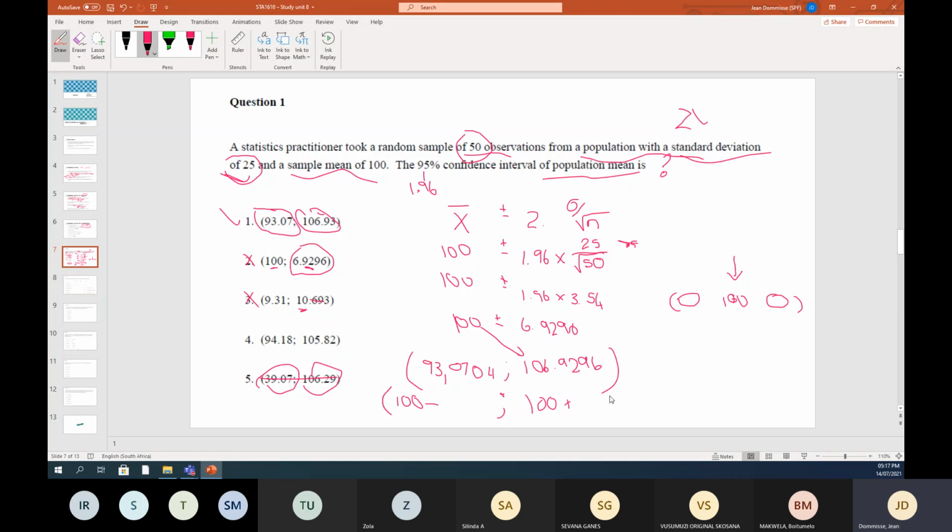To get the bottom one, I subtract the 6.9296; to get to the top one, I add the 6.9296. This is also important because they may ask you a question just for the lower limit or just for the upper limit.